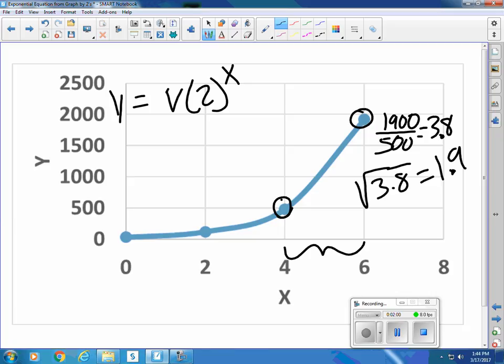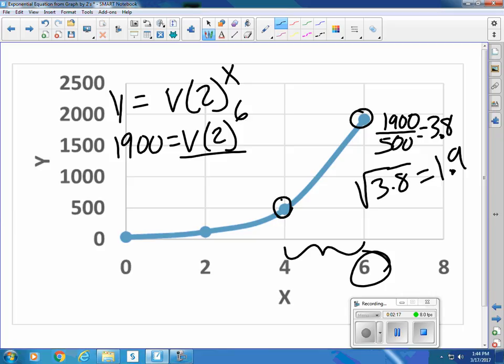Well, to find out what that value is, let's go ahead and plug in that 1,900. So let's say 1,900 equals this value times 2 raised to the, well, the 1,900 is going to be 6. X is going to be 6. So to solve for that starting value, I divide by 2 to the 6th. Because it's multiplied by 2 to the 6th, that cancels. So V equals 1,900 divided by 2 to the 6th.